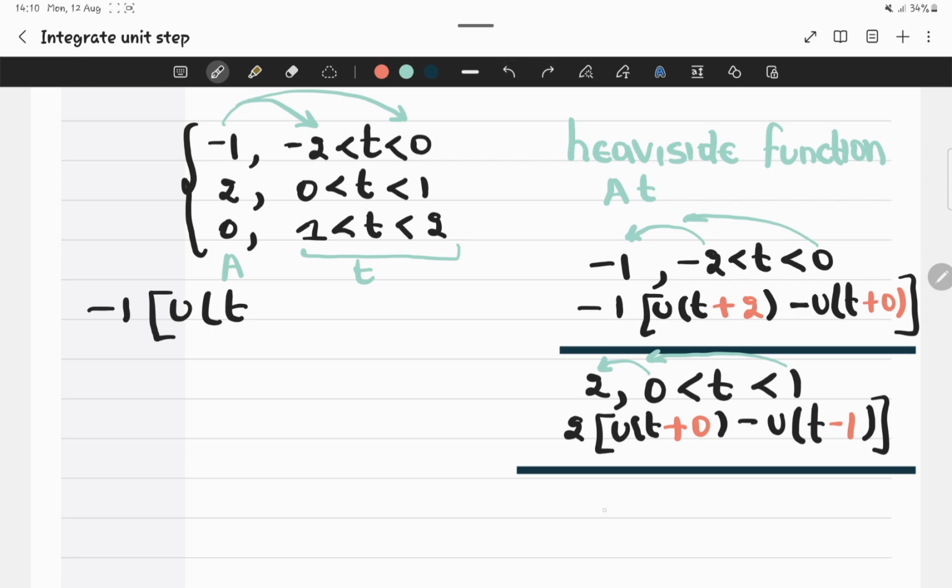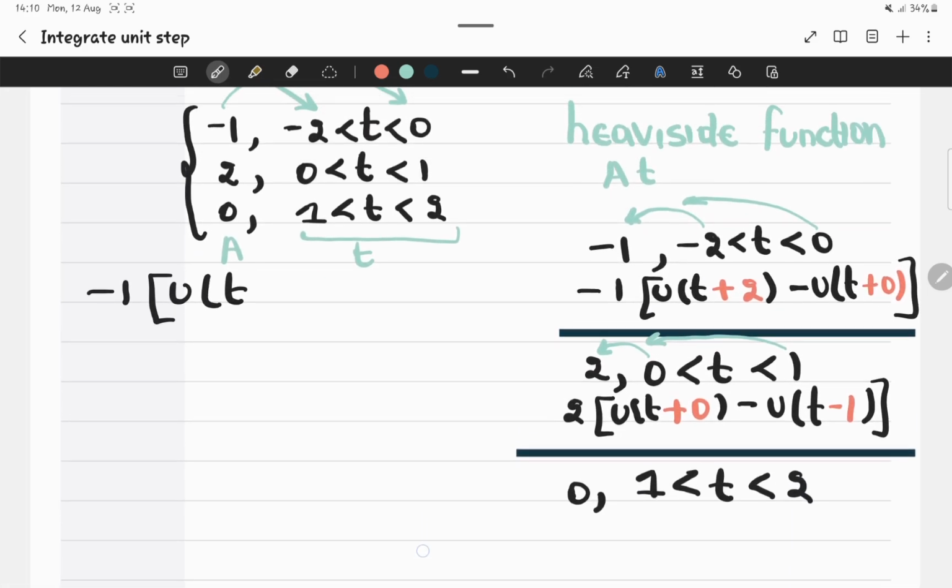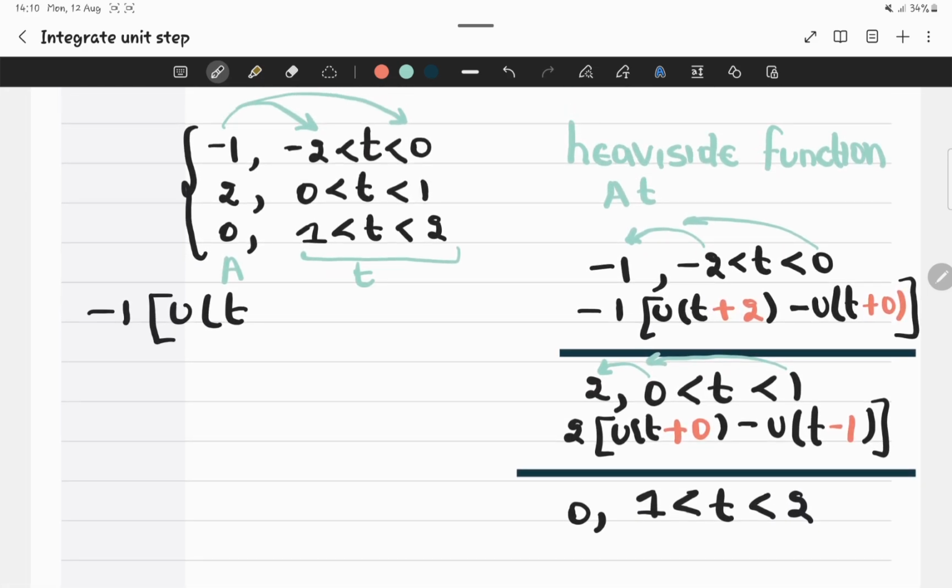You may ask yourself how we are going to go about this. Same principle.